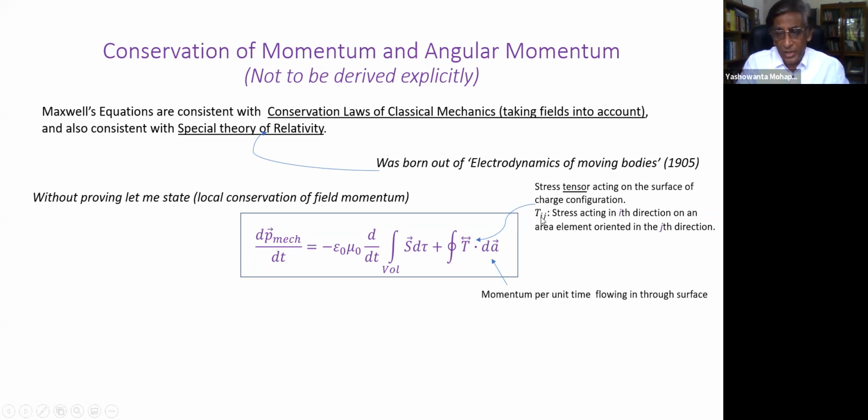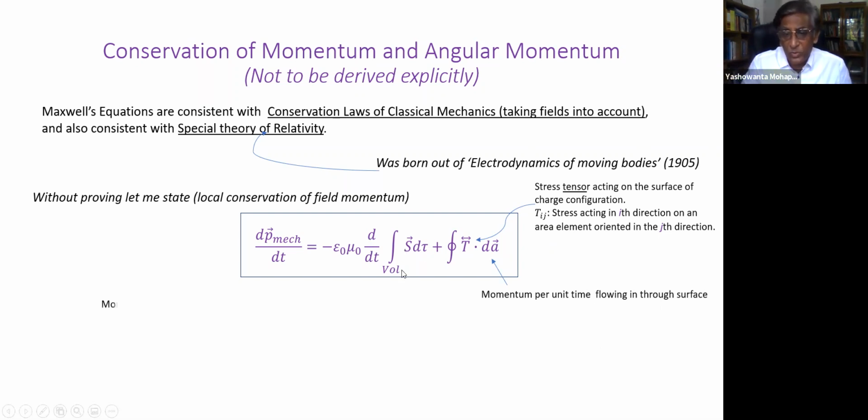For example, i could be x, j could be x, it will be Txx. i could be y, j could be x. That is stress acting in the x direction, but the area element is pointing in the y direction. So that would be Tij. I have not derived it, but you can understand this is about the momentum per unit time per unit area on the surface.